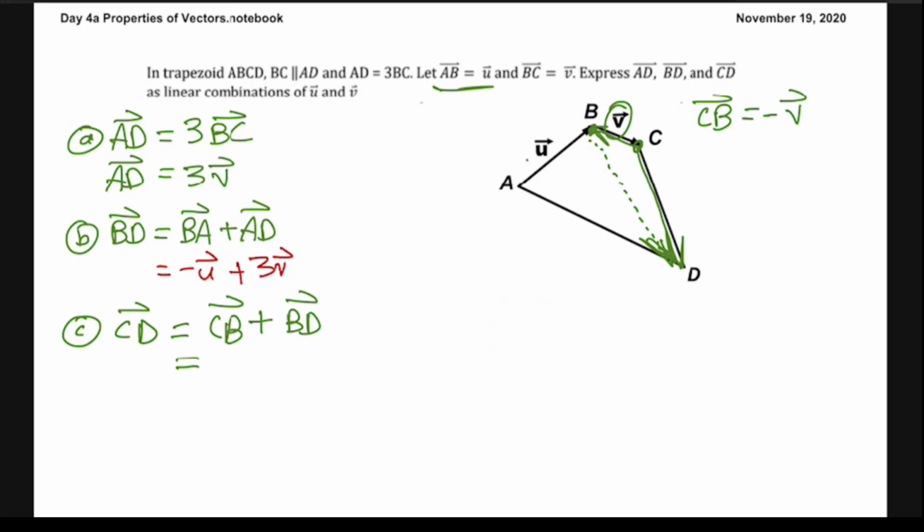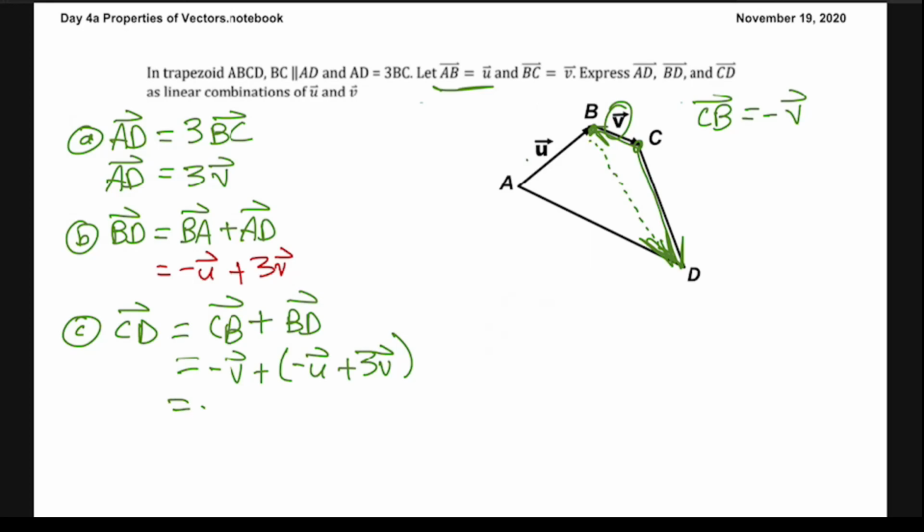What do we know about CB? I just said that over here. It's equal to -V. What do we know about BD? We just defined it in the previous question. So sorry, we said that CB was equal to negative V plus our result from our previous question here, so negative vector U plus 3 times V. Let's tidy that up and collect our like terms.